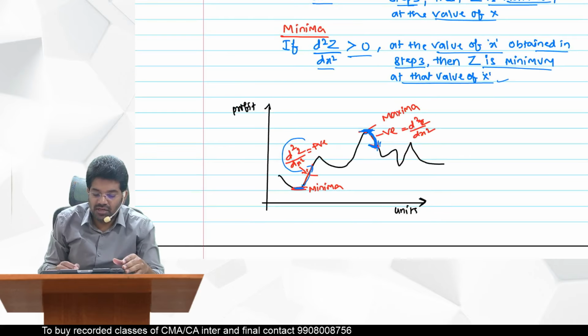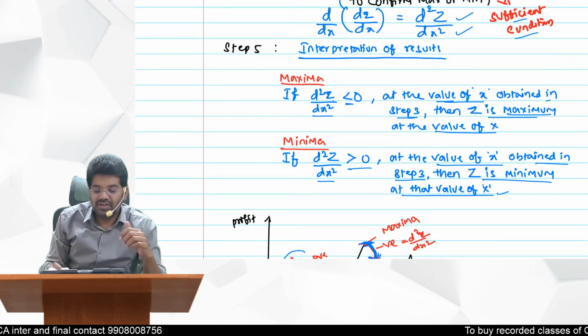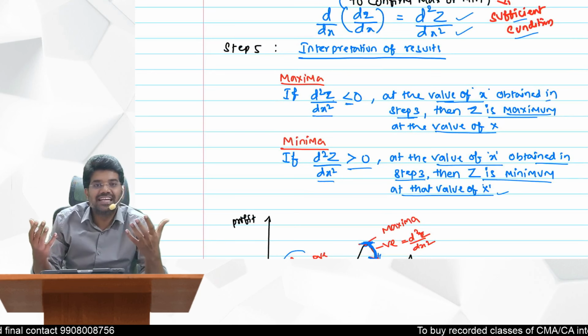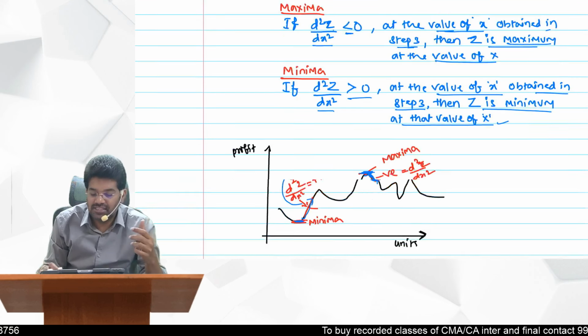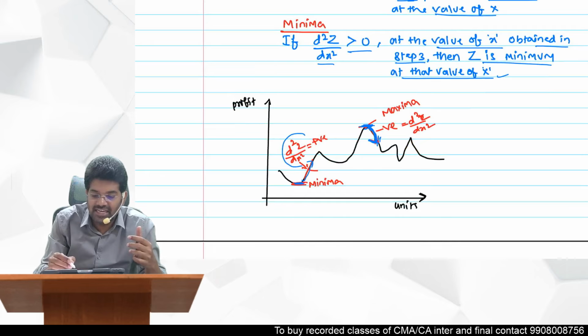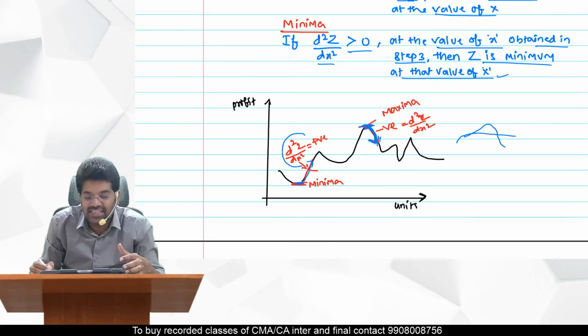So that is what we have indicated here. This is your sufficient condition. Now you may ask, sir, what if it is exactly equal to 0? Earlier I took less than 0 or greater than 0. Exactly 0 indicates that on the graph it is flat, neither increasing nor decreasing.